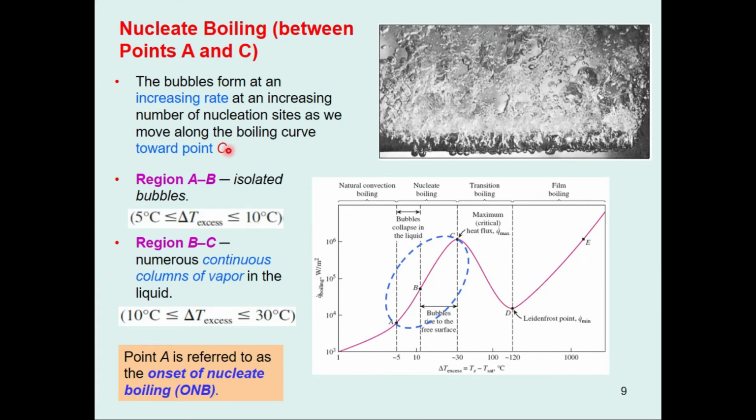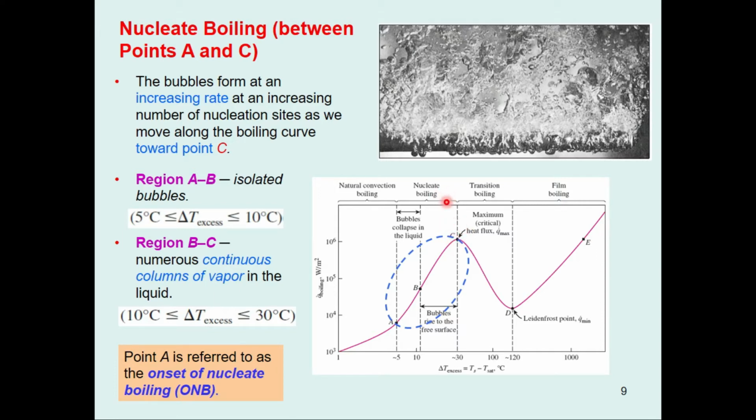So this is the second regime of the pool boiling, which is called the nucleate boiling. So on the boiling curve, we will try to understand what will happen from point A to point C, right? And this kind of boiling is known as the nucleate boiling.